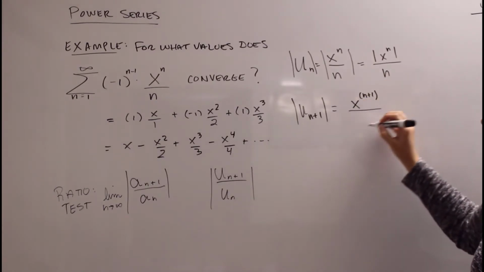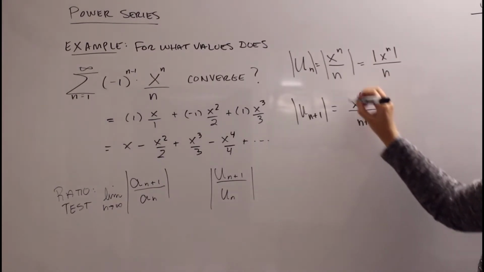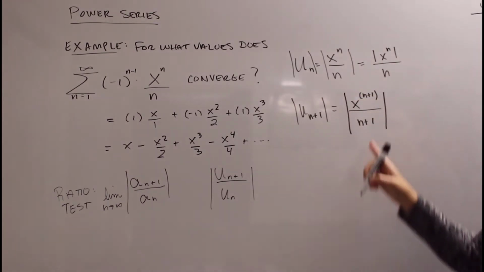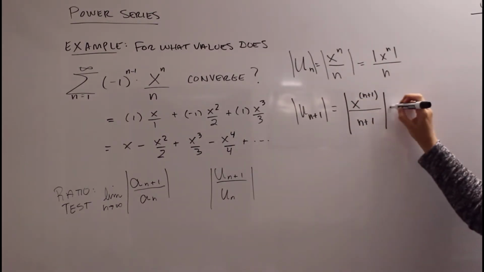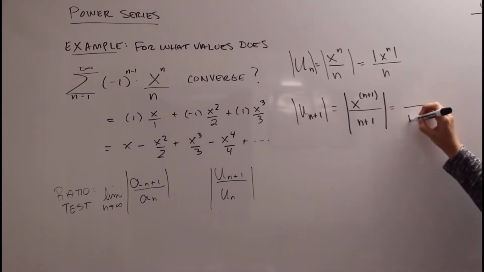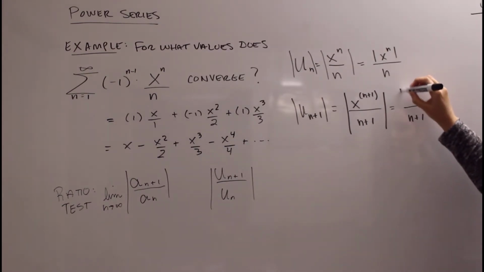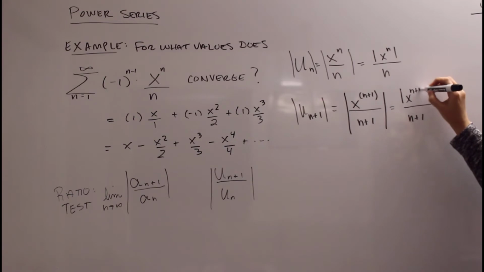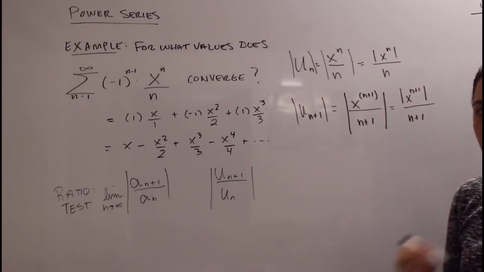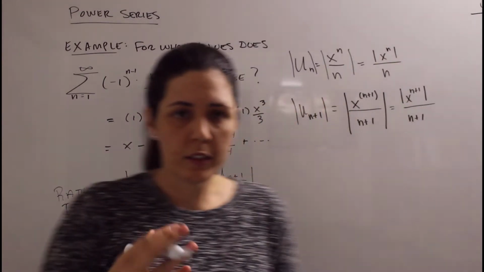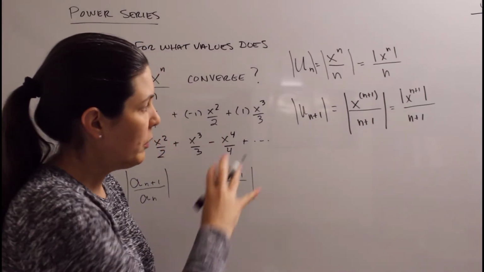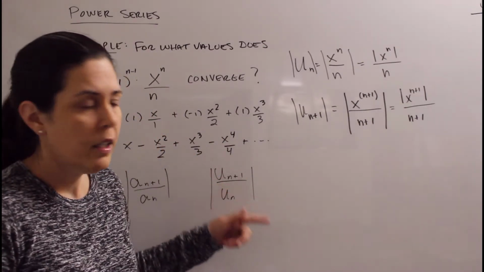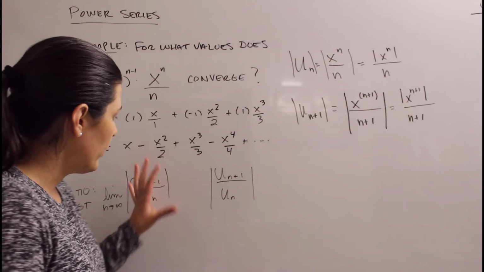Okay, so x to the n plus 1 over n plus 1. And again, anywhere with an n, we're starting at +1, so you don't really need the absolute value bars on that part. We have absolute value x to the n plus 1. Okay, now what we're going to do is basically just some algebra to simplify this ratio when we divide, and then we'll see what we can do with our limit from there.